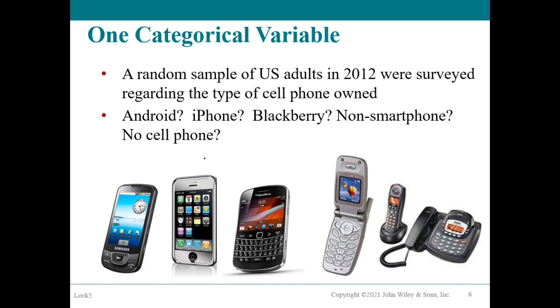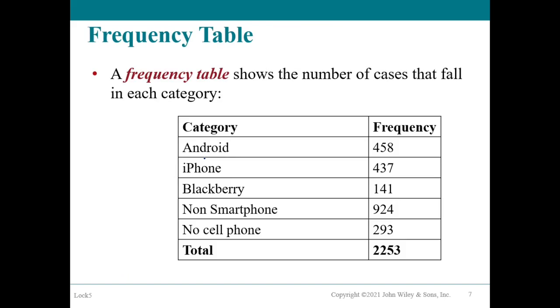In this study, they took a random sample of US adults in 2012 and checked what kind of mobile phone they have. Based on that analysis, they summarized their results.